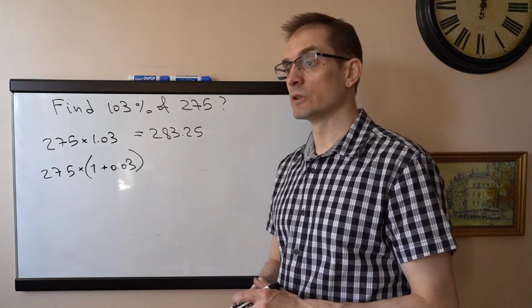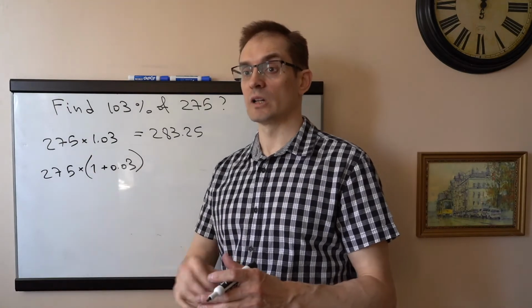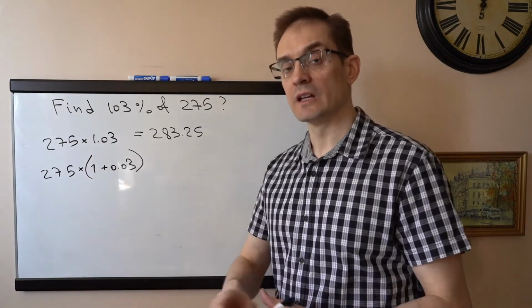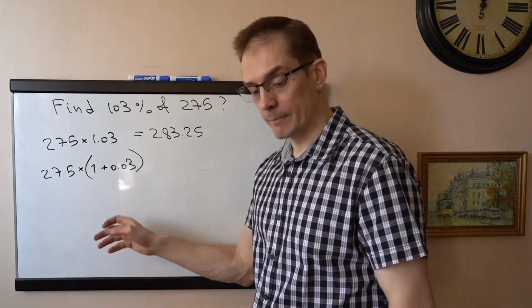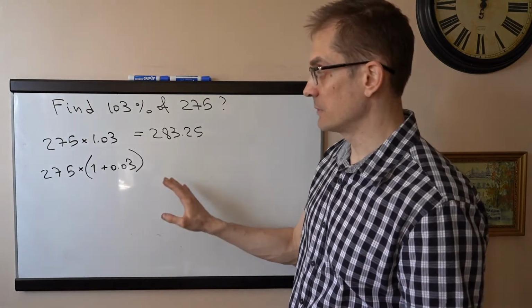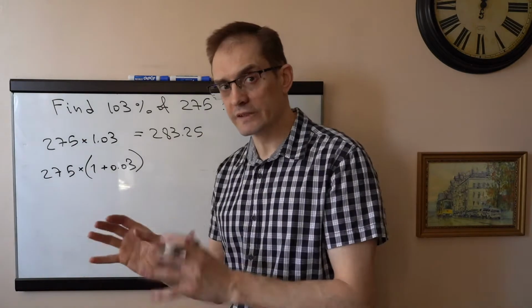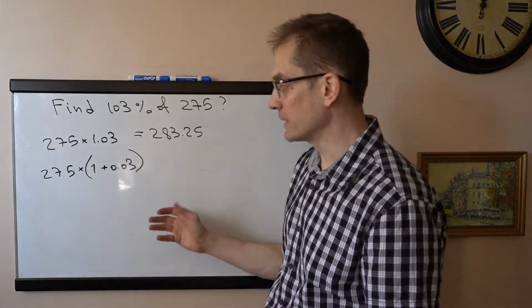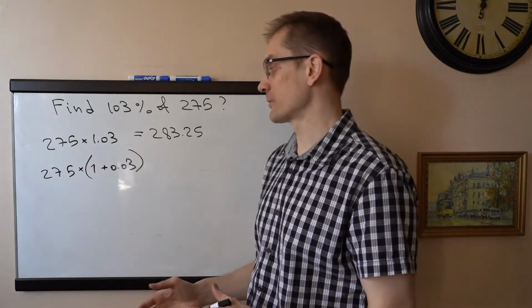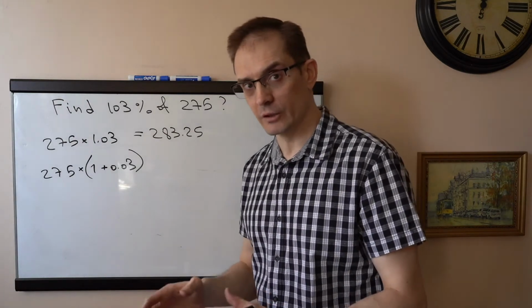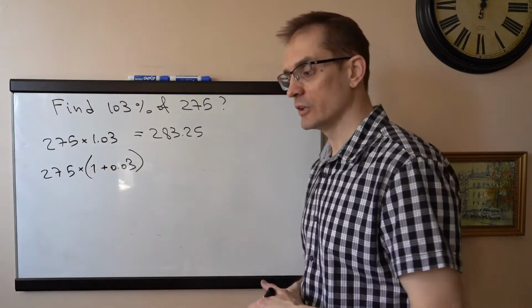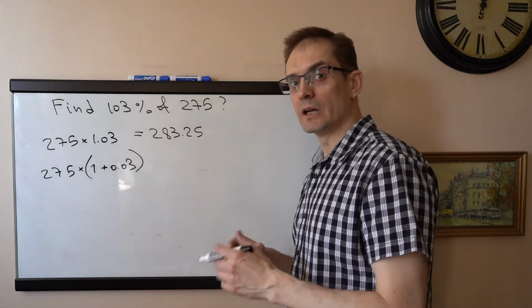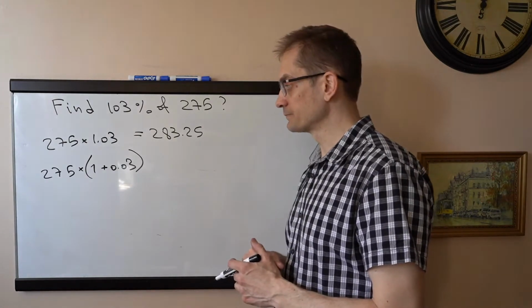In formulas you will see 1 plus r, 1 plus i, 1 plus something else, and that is the idea which starts here. So for now just absorb this very simple idea that 1.03 I can write as 1 plus 0.03. It's extremely simple, very obvious, but pay attention to that at this moment, because later on you will see how we will be making use of that.